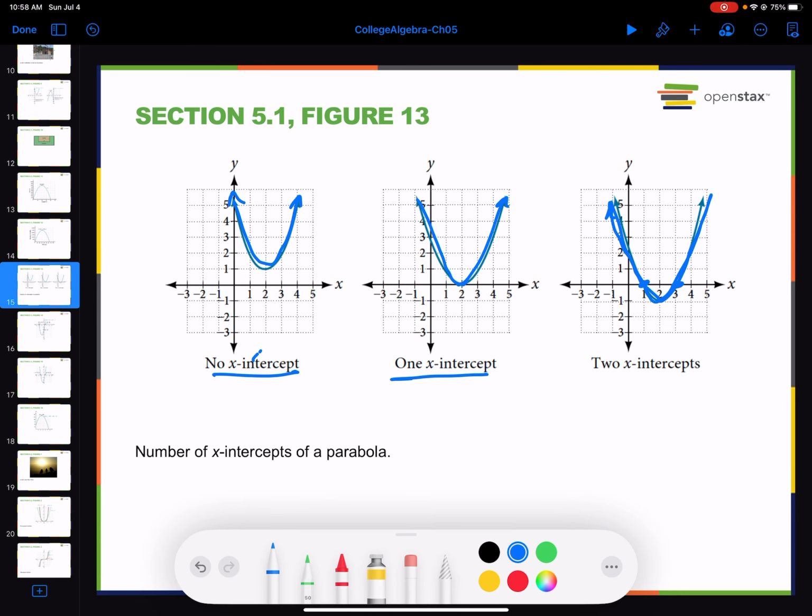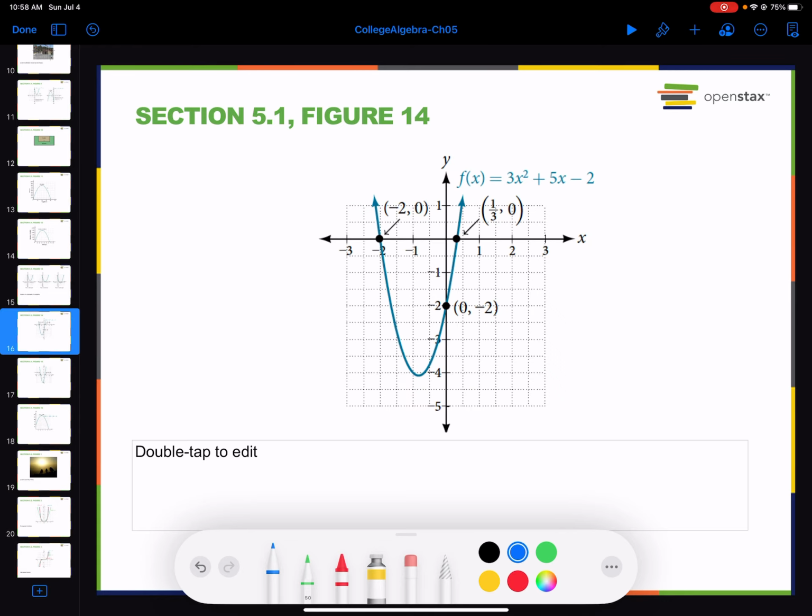Here's back to the different situations that we're going to come across with intercepts: none, 1, or 2. And here is another example of how to go about finding those values. In this case, we're focusing more on just the intercepts.